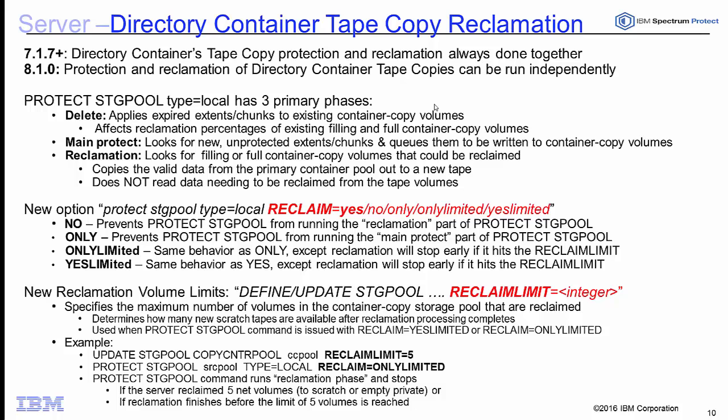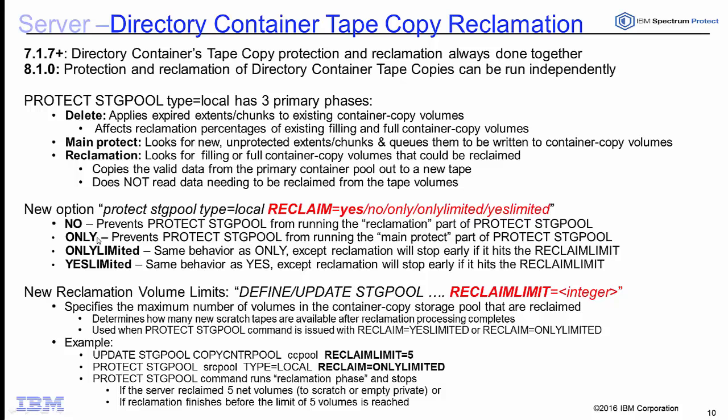So in version 8.1, we introduced the ability to determine what happens during that protect storage pool. Do we just want to write out new data to the tape copies, or do we also want to run the tape copy reclamation? Now you can specify no, which prevents the protect storage pool from running reclamation.